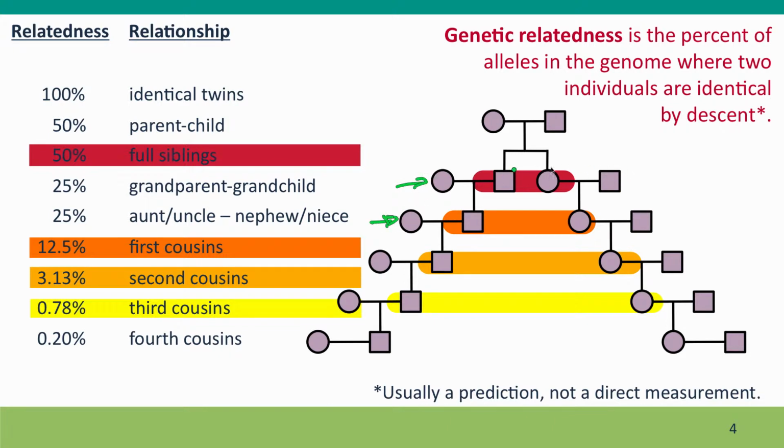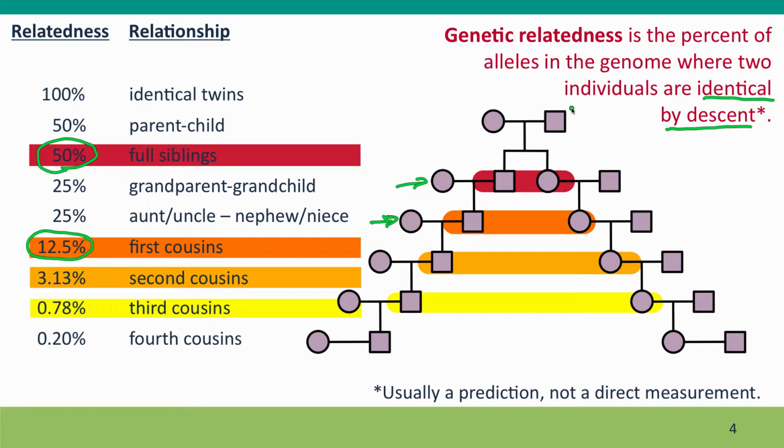Full siblings are expected to have 50% of their alleles in common. Cousins, 12.5%. And a term that will come up is that of identity by descent. And this refers to alleles that are common because they were inherited from the same common ancestor.